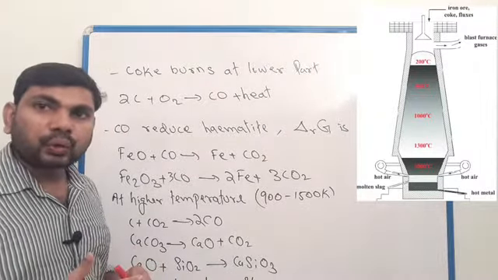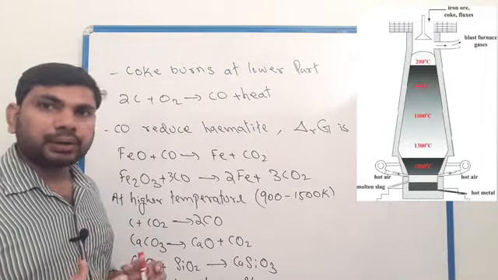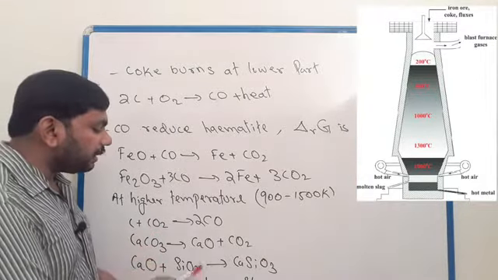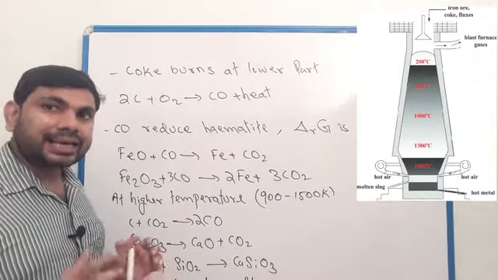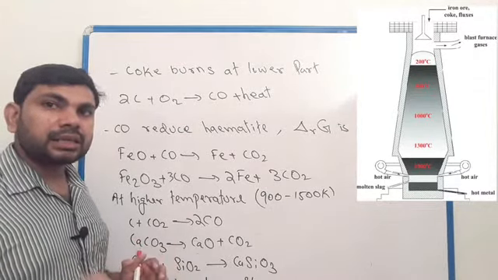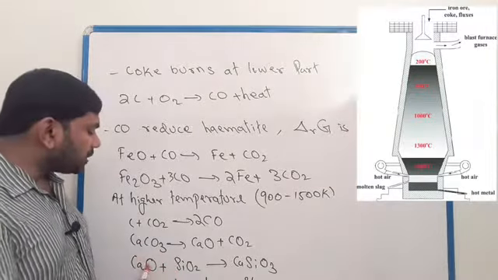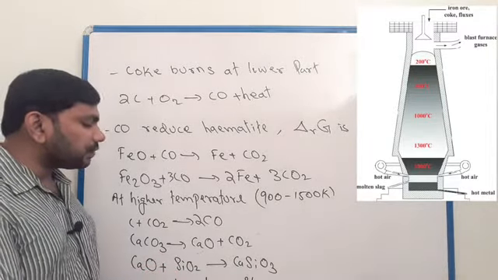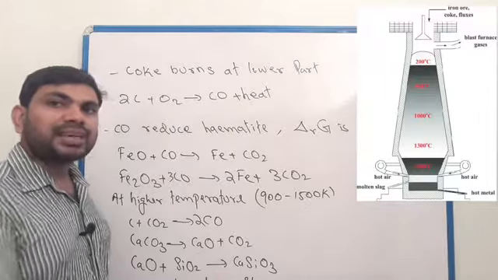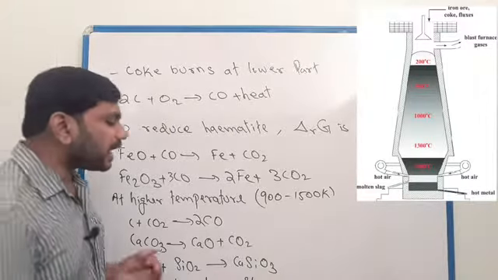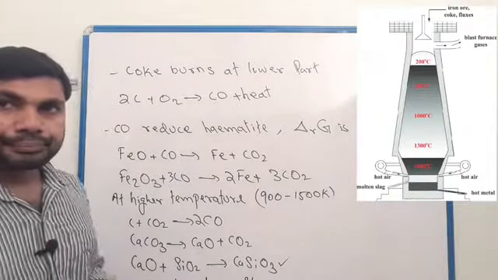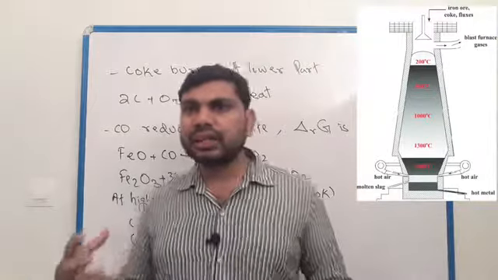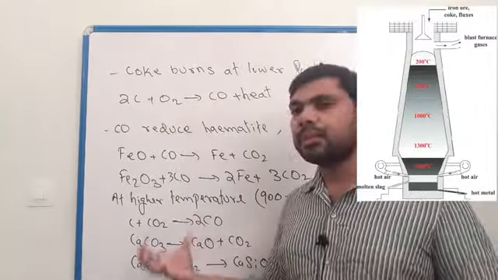We know the ore of iron contains impurities such as silica. Silica is gangue. Gangue means impurity present in the ore. So this calcium oxide reacted with the impurity and formed calcium silicate. This calcium silicate is slag. So these are the different chemical reactions taking place in the blast furnace.